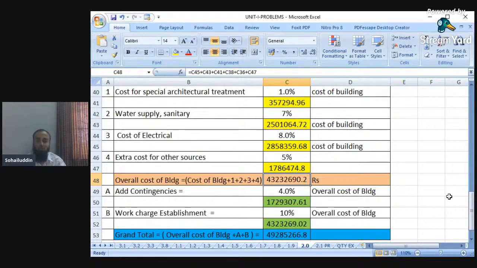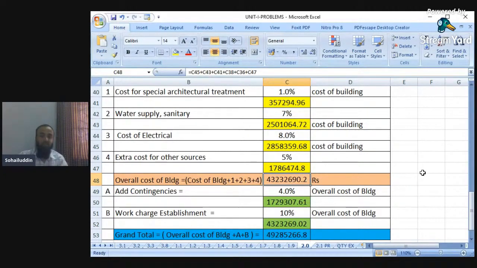The grand total cost of the four-story building with different plinth area rates is this amount. This is the grand total cost of the building, in which the rates, the heads, and the amount required for foundations were different.